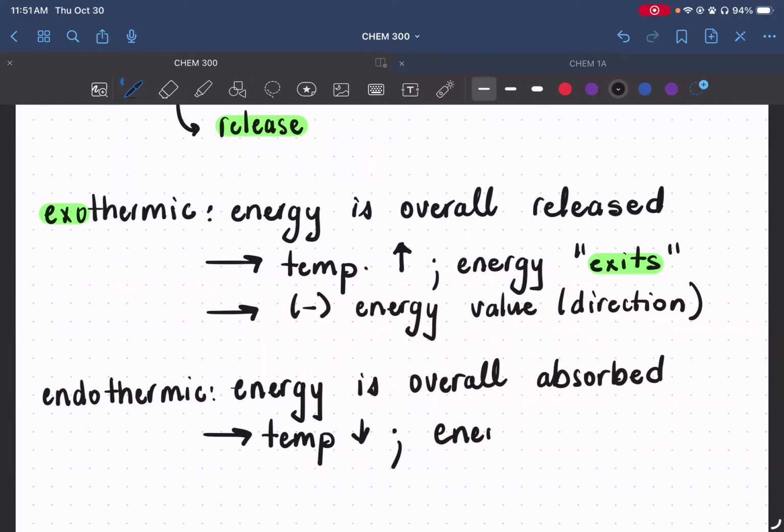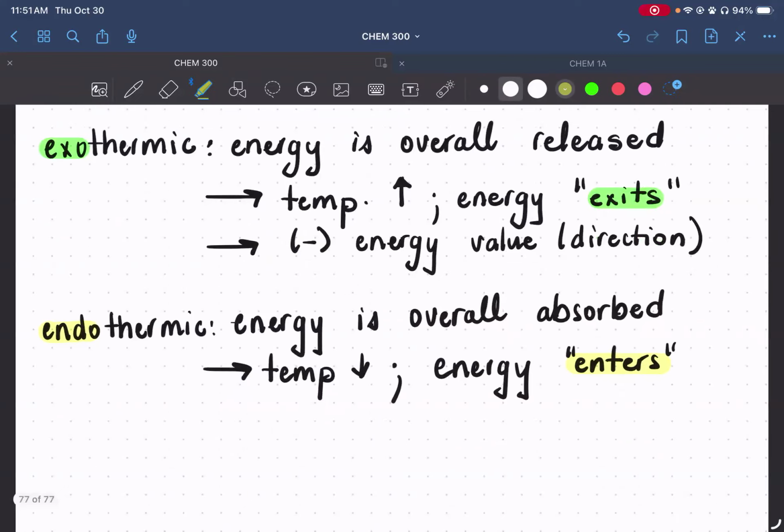And what we say is that energy enters. That's, of course, where we get the endo in endothermic. Again, exo, energy exits, endo, energy enters. In this case, what we expect is a positive energy value.